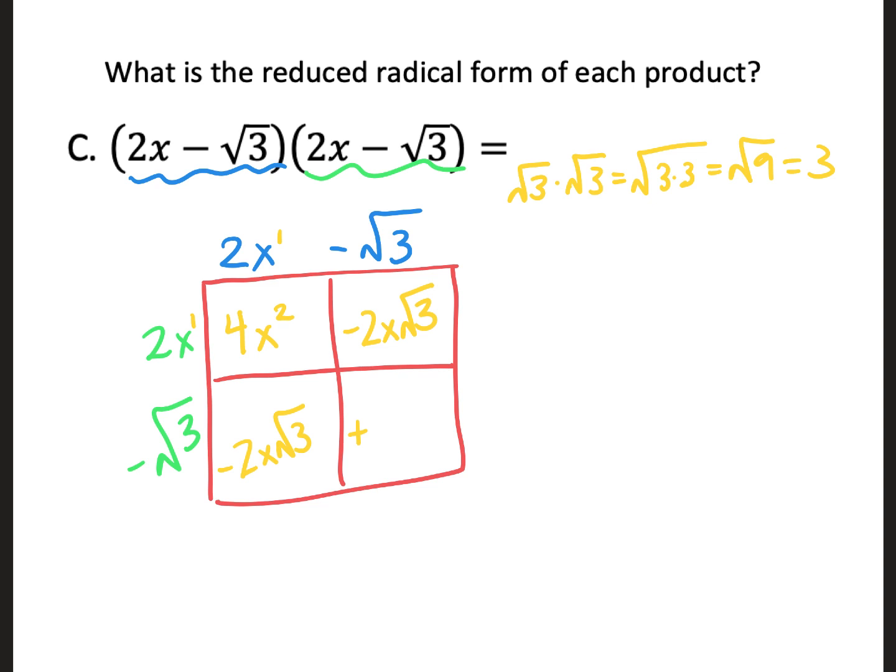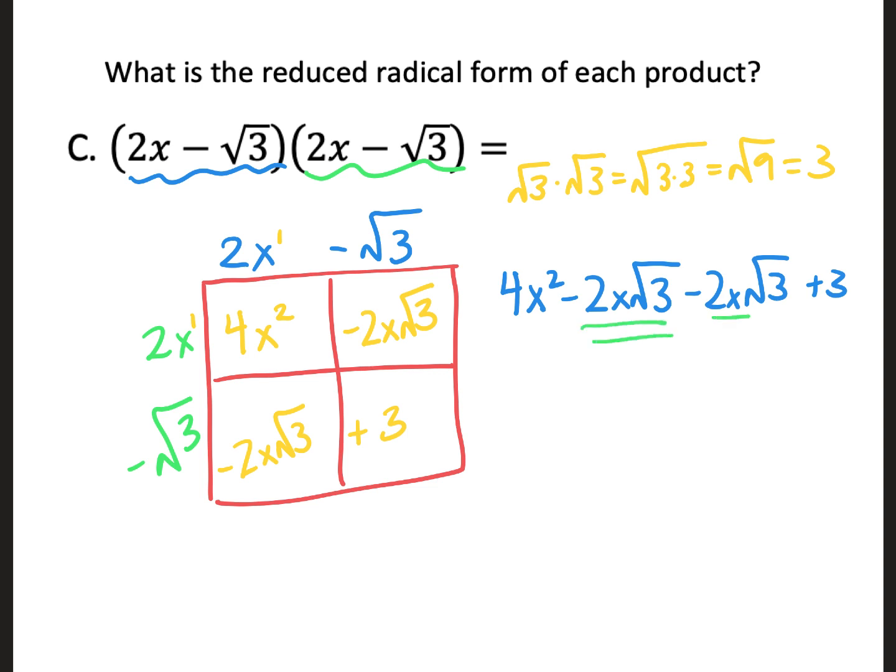If you have two square roots and they have the same number underneath them, when you multiply them together, the square roots cancel each other out, so you'll just be left with whatever that number underneath was. So at this point, I have 4x squared minus 2x root 3 minus 2x root 3, and then plus 3.